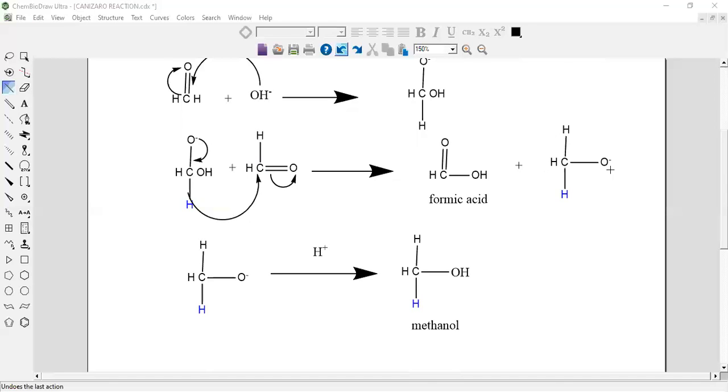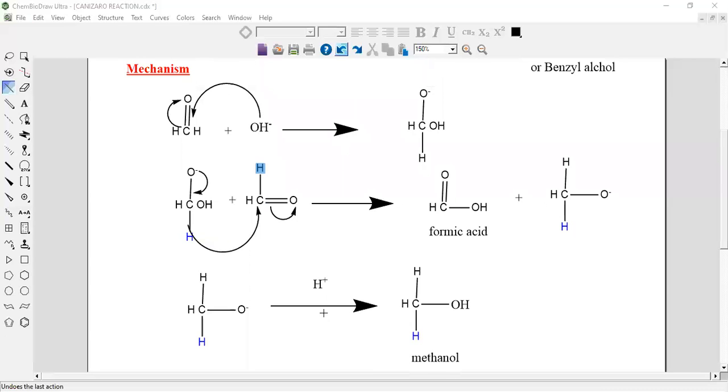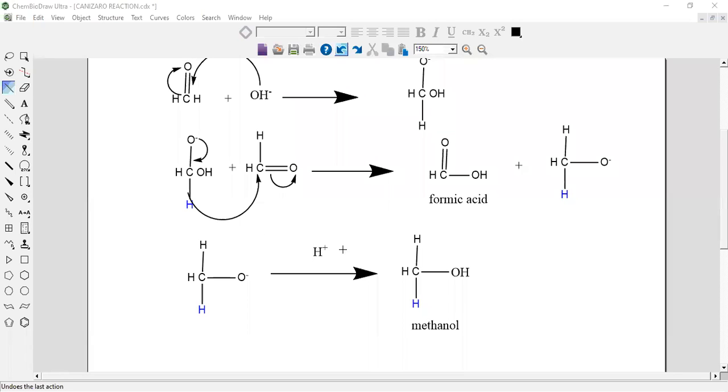This methoxide ion will again take H plus ions, because this is in aqueous medium, because of the sodium hydroxide. After that, when it is acidified, this H plus ion is taken by this oxygen. Finally, we will get the methanol.